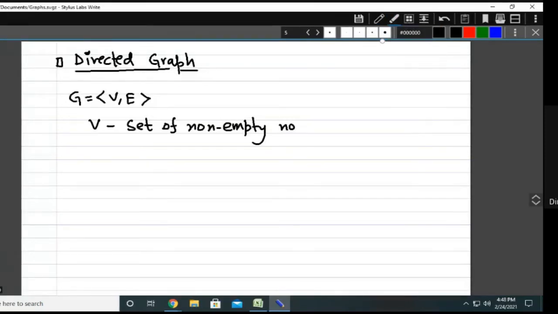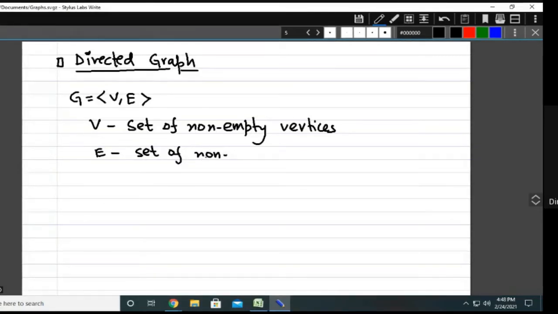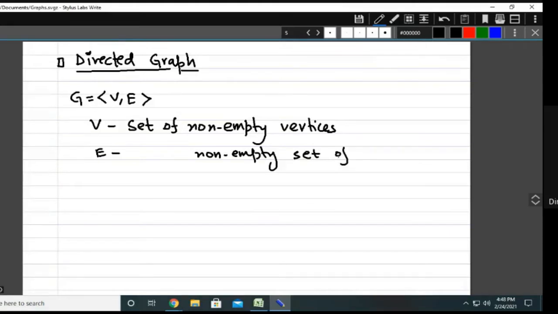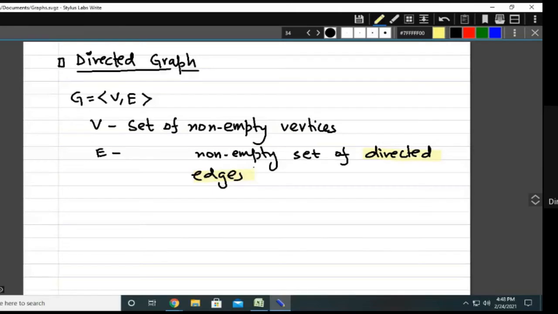So I'll use the word vertices, non-empty vertices, and E is a non-empty set of directed edges. Okay, so that is very important. So what you have here is directed edges.